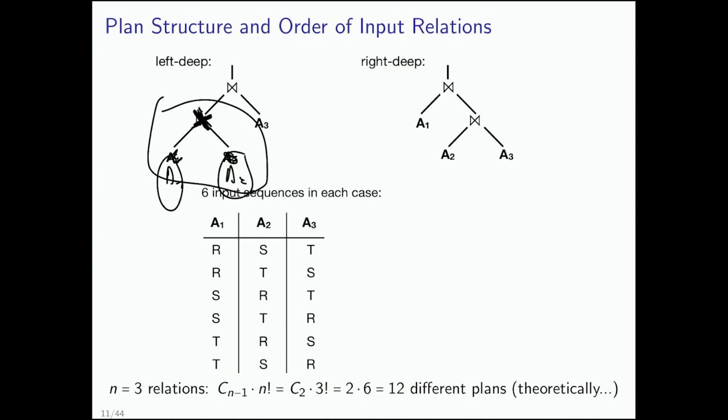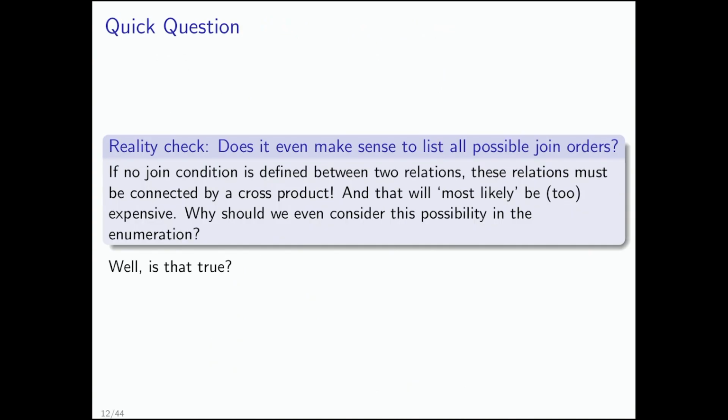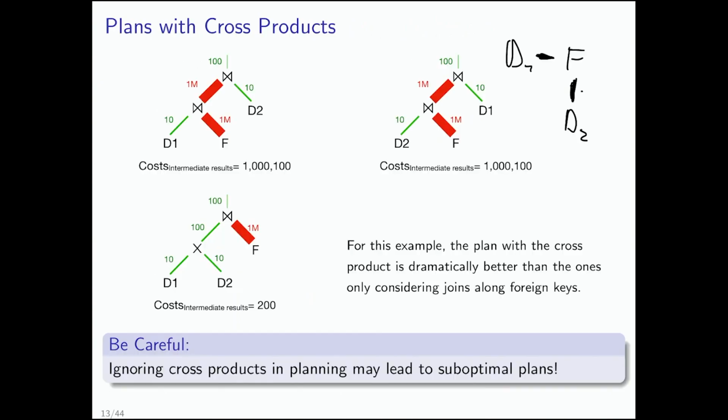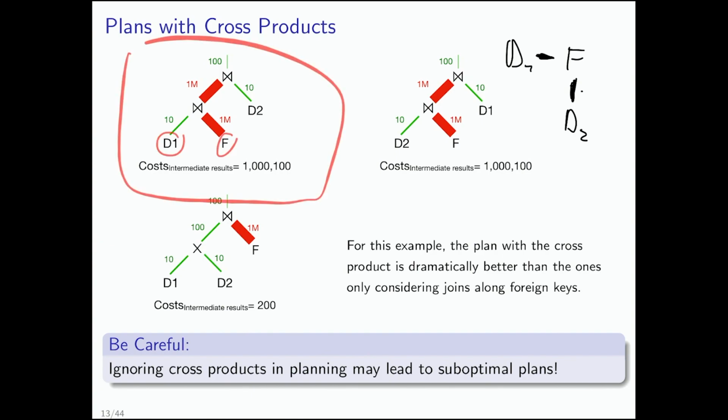Yeah, that's the question, and that's a big confusion in query optimization. You see that in many papers. And here's an example illustrating why you should consider those cross products. So here we have these 3 relations again, and here you see a plan on top that first joins F with D1, and then the result is joined with D2. Here's another option.